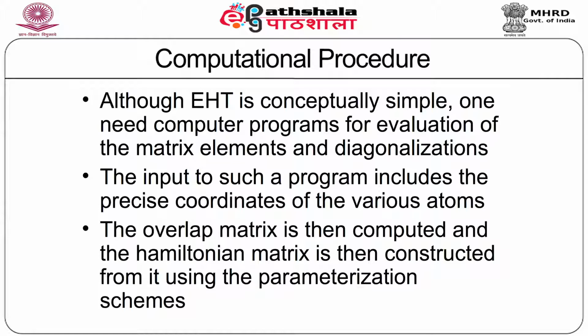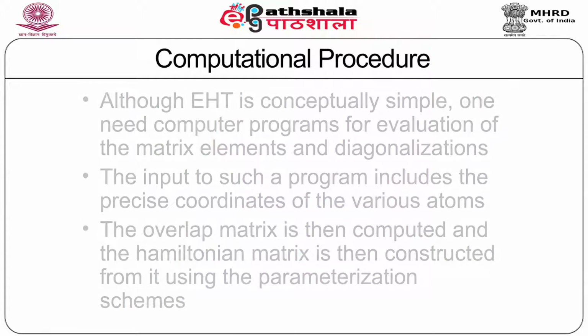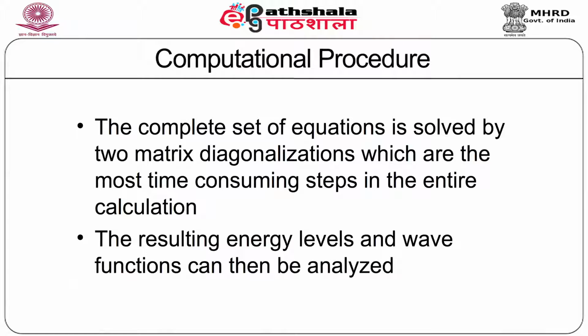The overlap matrix is then computed and the Hamiltonian matrix is then constructed from it using the parameterization schemes. The complete set of equations is solved by two matrix diagonalizations, which are the most time-consuming steps in the entire calculation. The resulting energy levels and wave functions can then be analyzed.